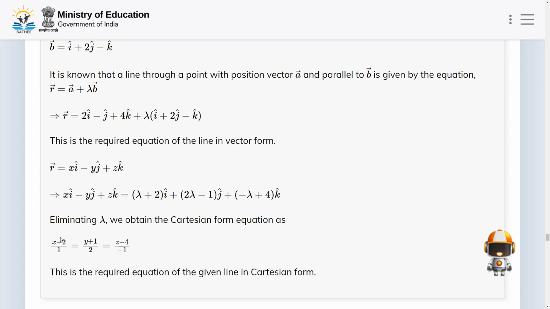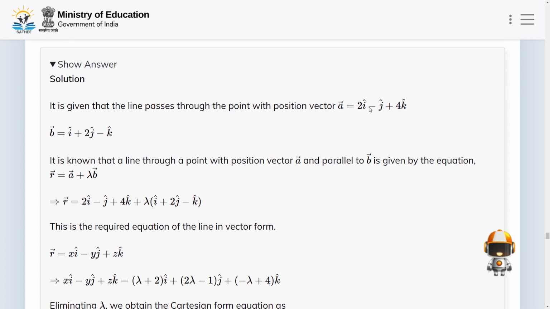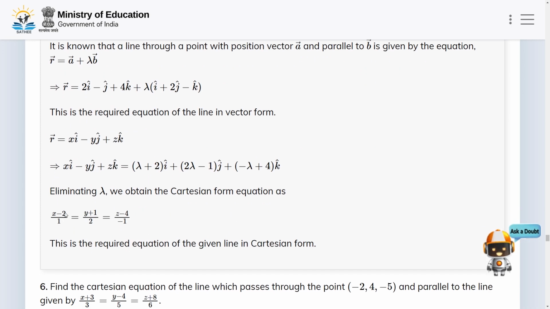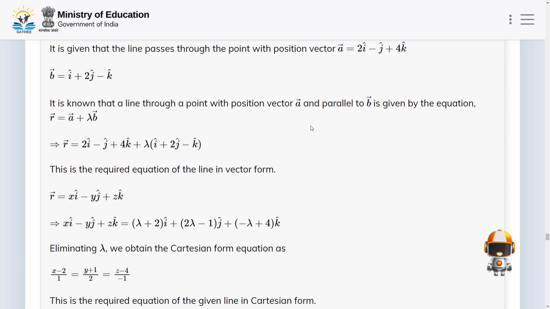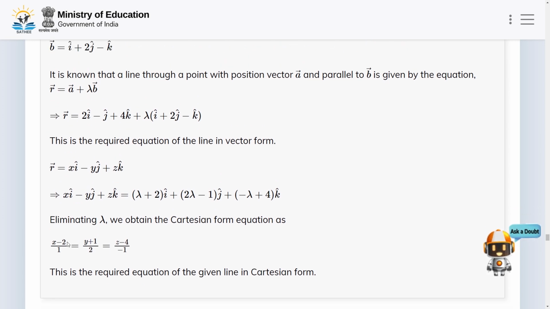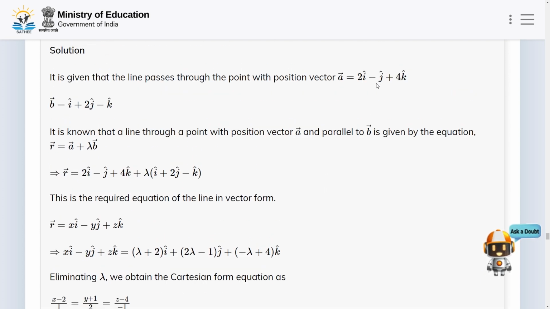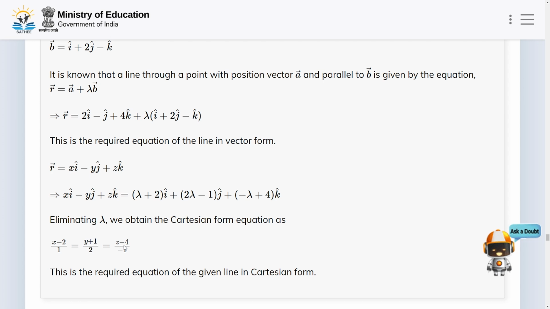How? Very easily you can make this Cartesian form from the vector form. If you remember, the passing point is 2, minus 1 and 4. So as you can see, 2, minus 1 and 4. So what form do you have to write? Quite simple. In the numerator, you first write x minus 2, y plus 1, as you have minus 1 here, z minus 4.